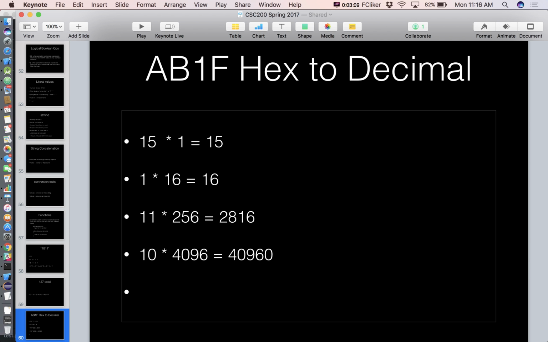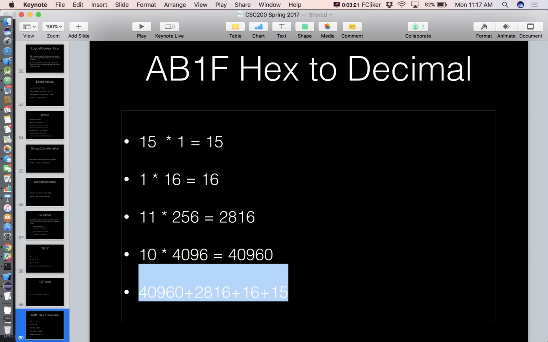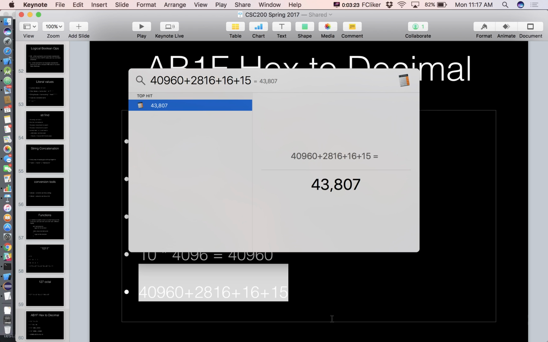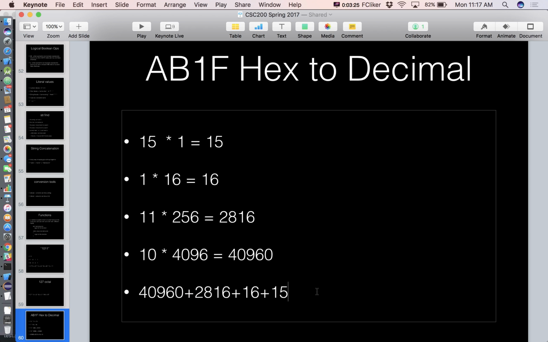So that's going to be 40960 plus 2816 plus 16 plus 15. And that's 43807. So that is the decimal version, 43,807, of the hexadecimal value AB1F.